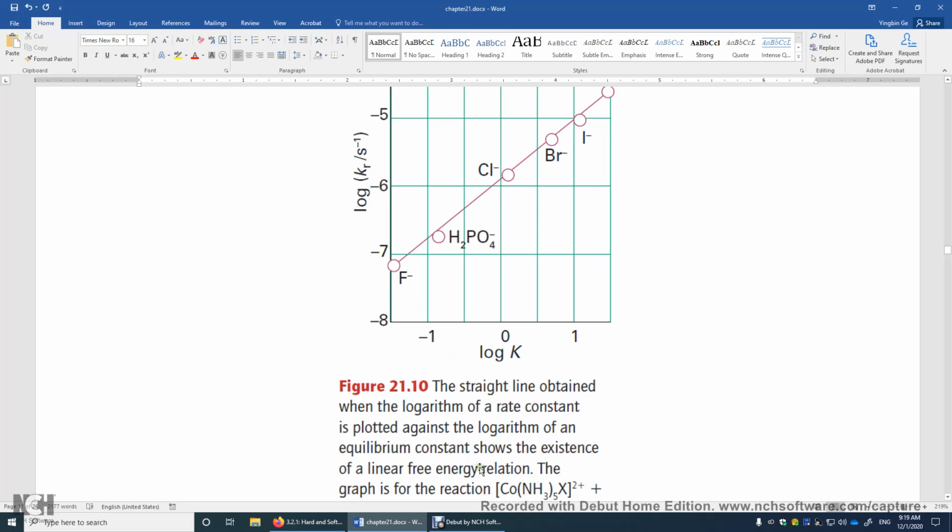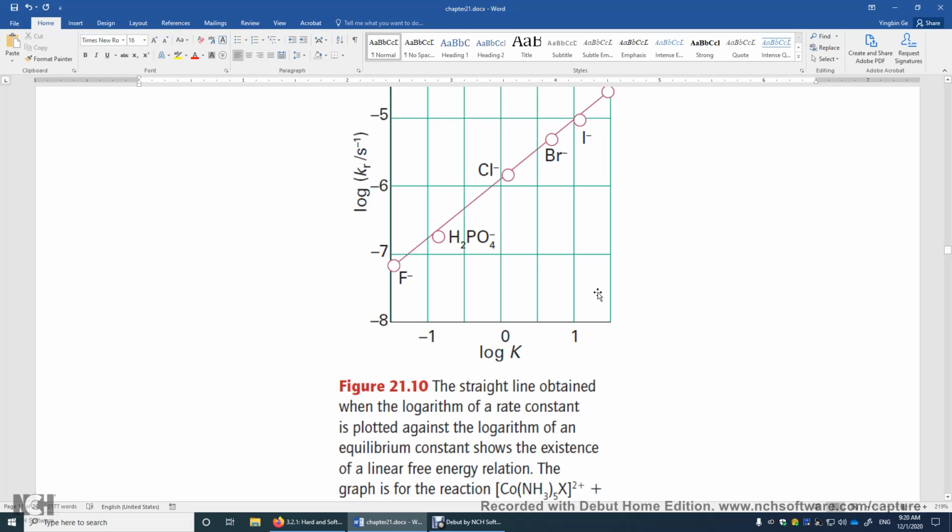So in this case, cobalt 3+ is a hard acid. I'm going to explain what's hard, what's soft later. So cobalt is hard. Okay? And fluoride is hard. That's why the bond between cobalt and fluoride is stronger than the bond between cobalt and chlorine, and it's stronger than between cobalt and bromine, stronger than cobalt and iodine.